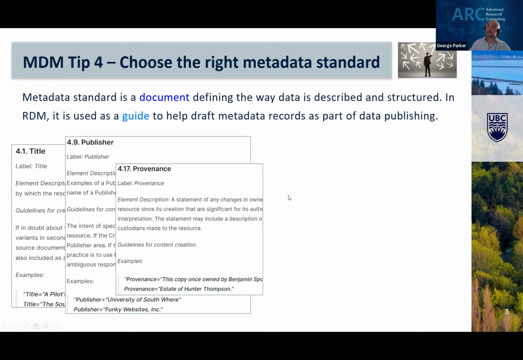What does a metadata standard look like? It looks like this. And it documents some elements you need to include in your metadata record. And also it explains these elements and gives some examples.